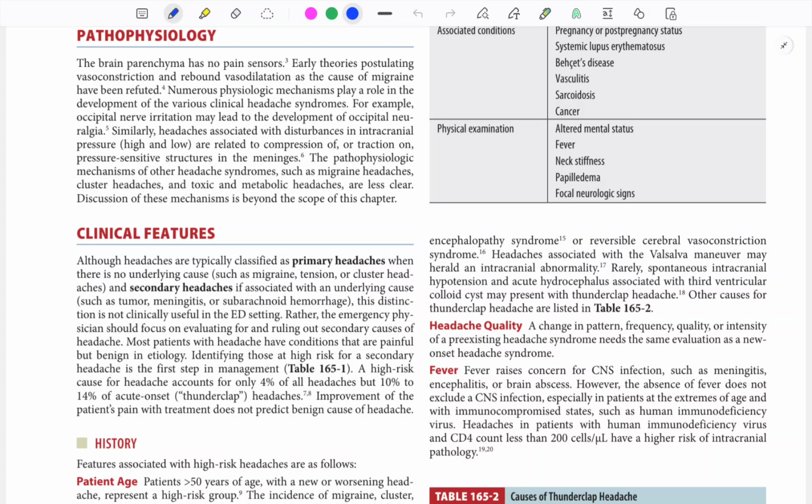Occipital nerve irritation may lead to development of occipital neuralgia in the back of the head, and high or low ICP will irritate your meninges, causing headache. If the ICP is raised, it will compress the meninges. If it is low, it will pull the meninges from the scalp.